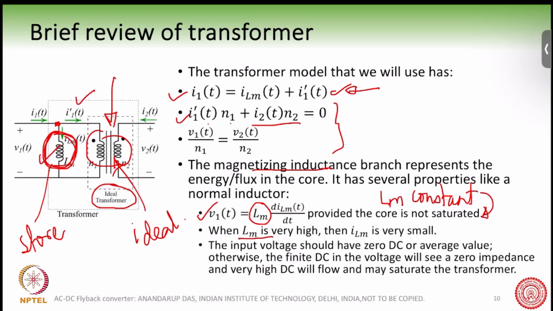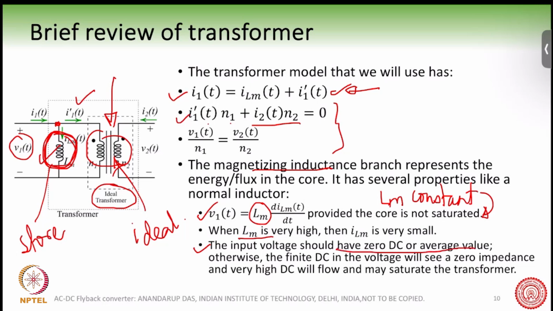The other important point is coming here. The input voltage, this V1(t), should have zero average value or zero DC value. This is an important observation.